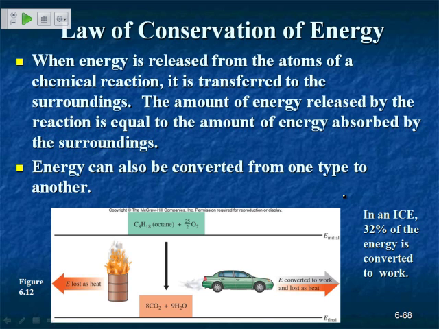If you look at the overall efficiency of an internal combustion engine, only 32% of the energy produced from the combustion of octane and oxygen is converted to work, that is, used to run your car. The rest is lost to the surroundings, to the atmosphere, as just heat. Because when octane burns with oxygen, when the bonds break, they release lots and lots of energy.